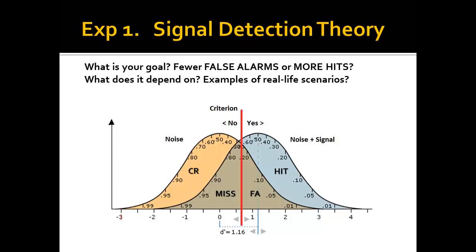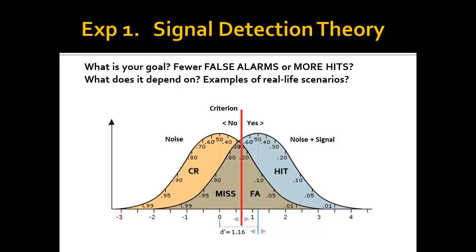Similarly, a TSA agent at the airport also wants to get as many hits as possible. In all these scenarios, people are making trade-offs. But what do they use to make that trade-off? Well, they use costs and benefits. And I want you to start thinking about setting the criteria in terms of costs and benefits.